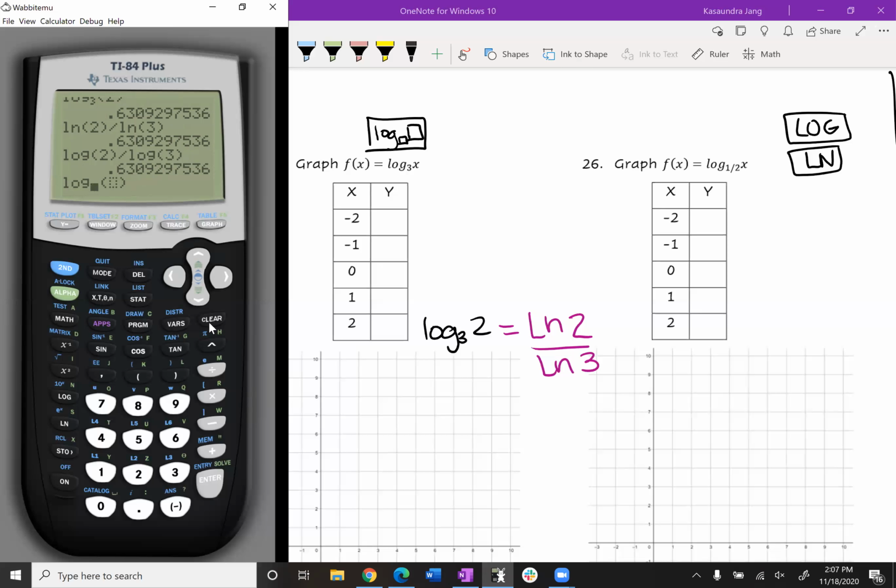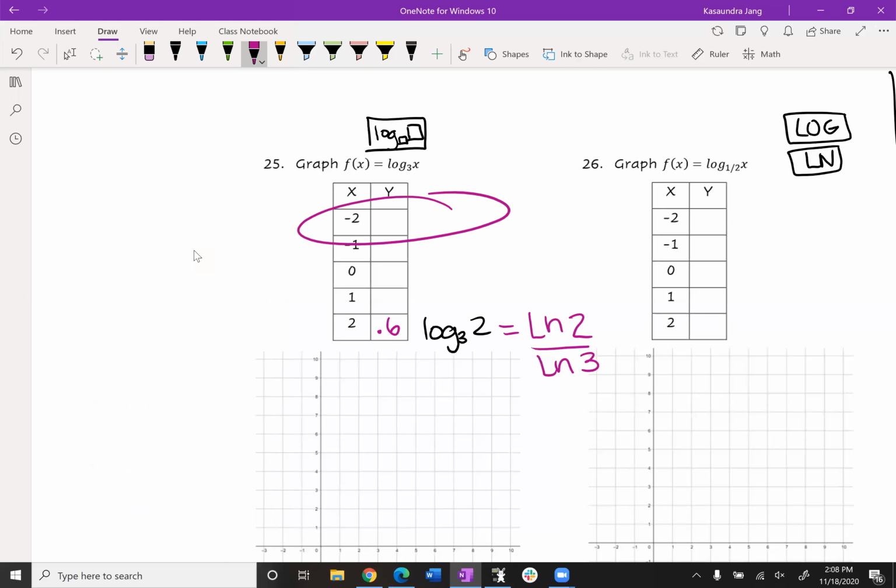So I just tried with a positive 2 and I got this messy 0.6309, and so on. I'll probably round it to 0.6 here. But Jack, you were trying the -2 and the -1? Those are giving you some error.